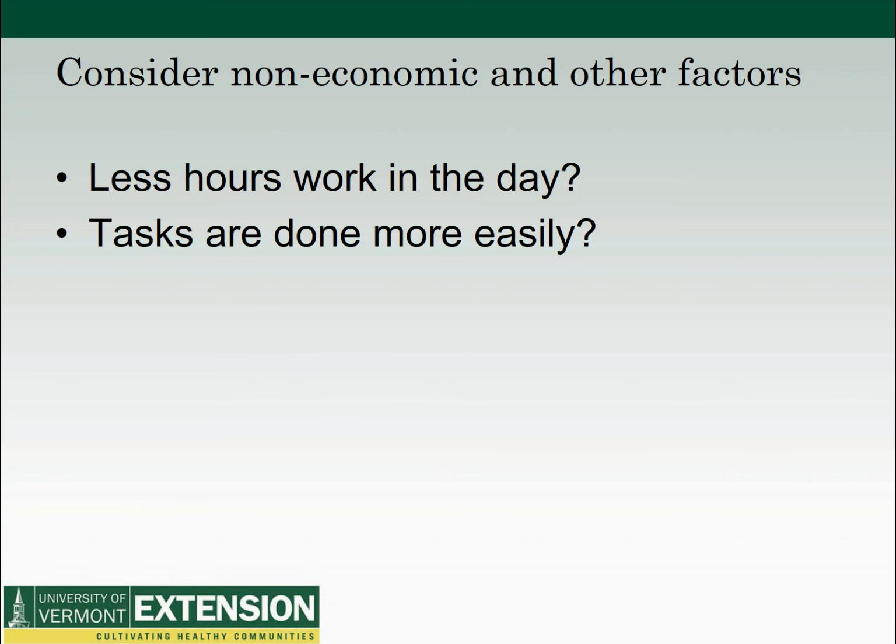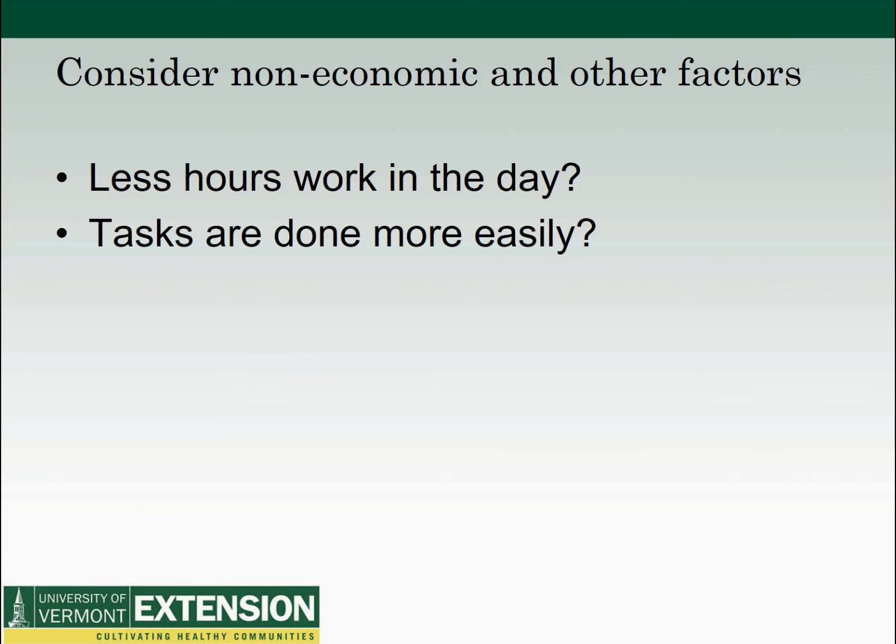So some non-economic factors too: less hours to work each day. Labor to move, set up, and monitor the irrigation of the vegetable crops is going to take less time. So how is that labor going to be used differently? Is it something else, and maybe it just means more time, especially if you're the labor, that you might be able to use that time for family or other uses?